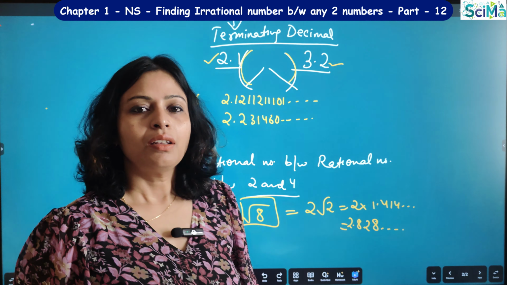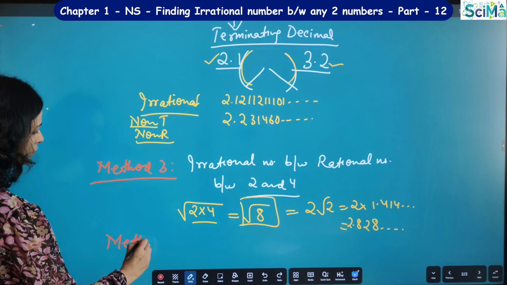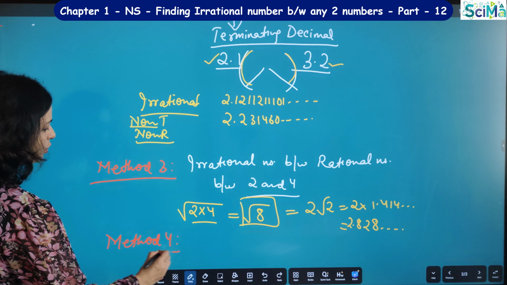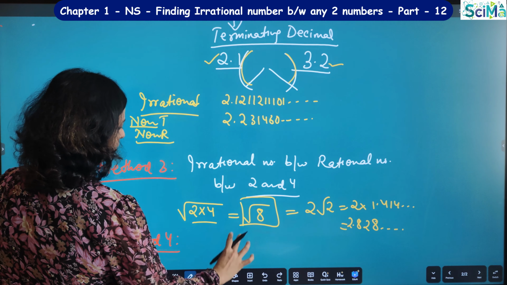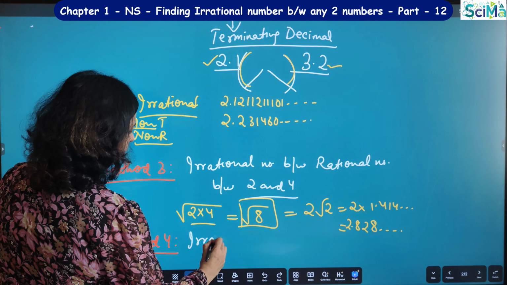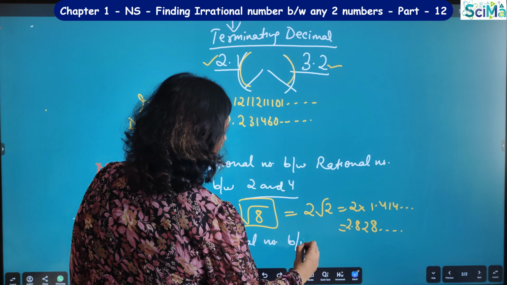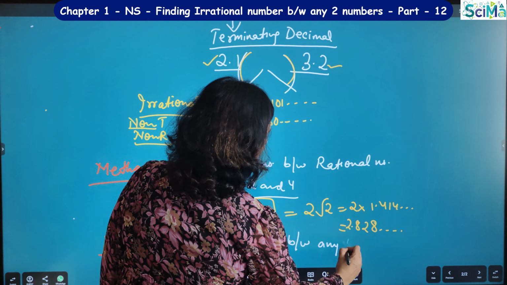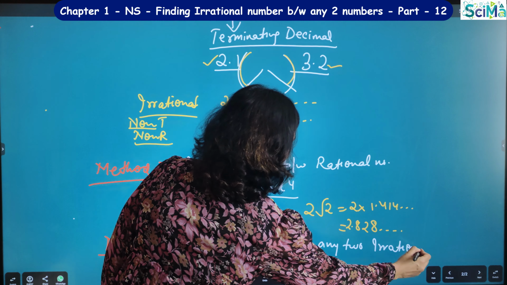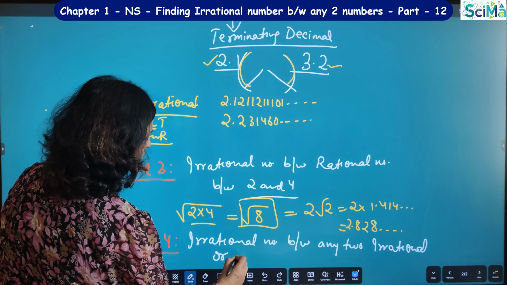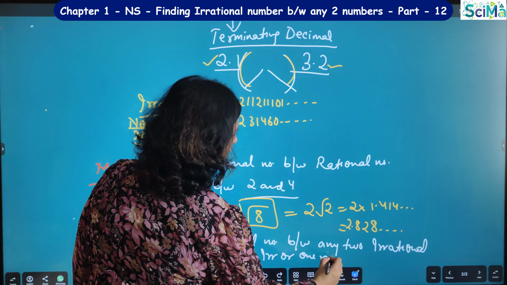Okay. Now the fourth method, what do we do? The fourth method is finding an irrational number between any two irrational numbers, or one irrational and one rational number.